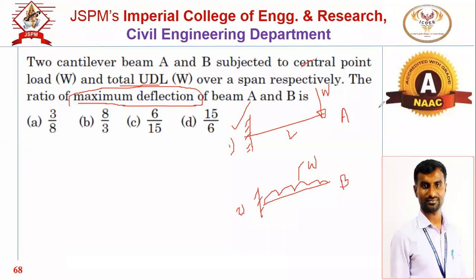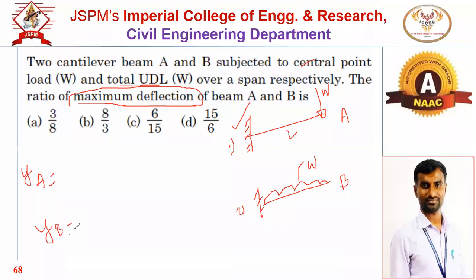At fixed support, at free end? Free end. Yes, correct Onkar, free end. Okay, what should we remember? In case of cantilever beam, the deflection will be maximum always at free end. So in the first case you will get YA, that is the maximum deflection, and for the second case maximum deflection will be at point B.